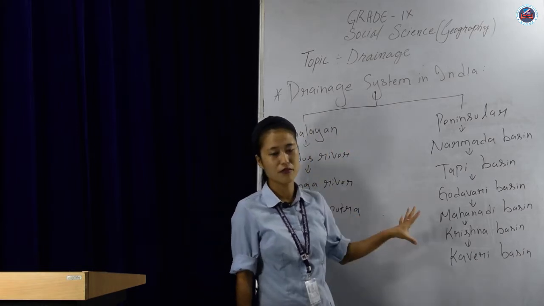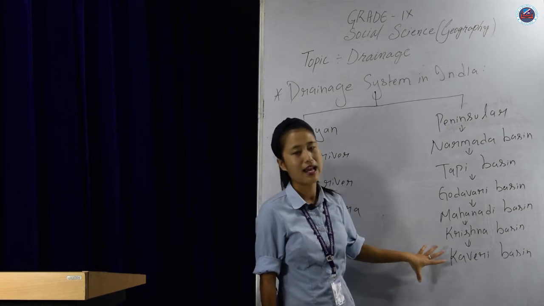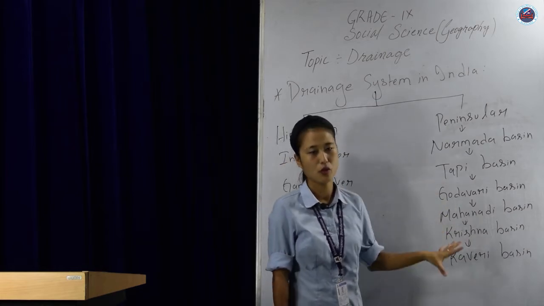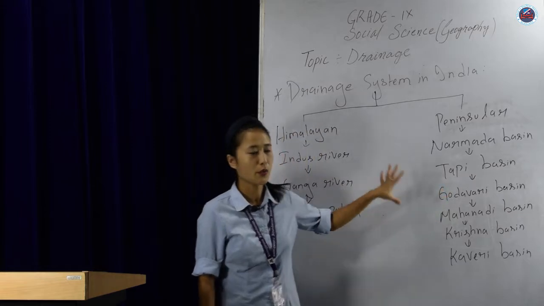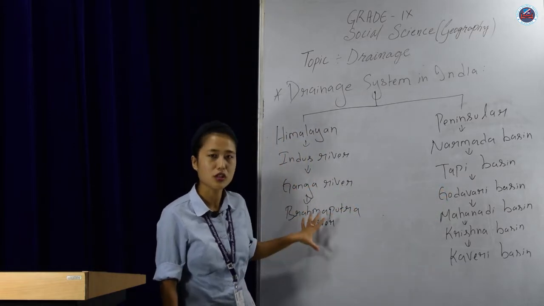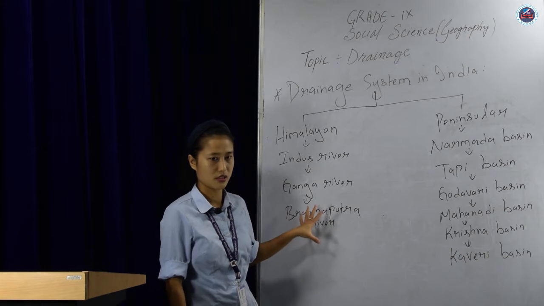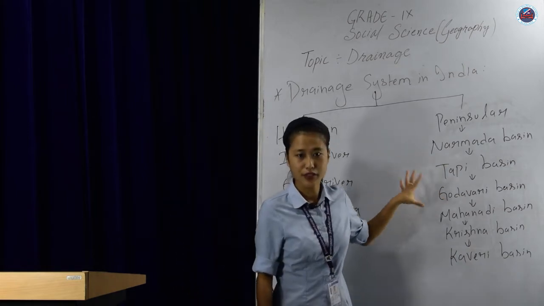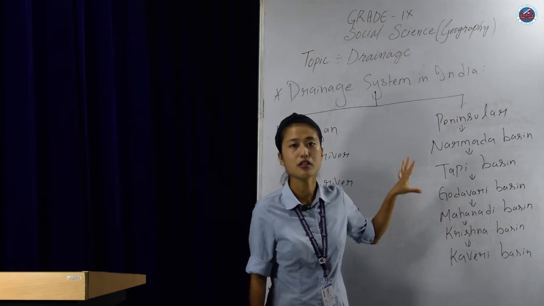If there is less rainfall, the river flow will be less, and if the rainfall is more, the river flow will be more. So they are known as seasonal, whereas the Himalayan are known as perennial, meaning there is water throughout the year.